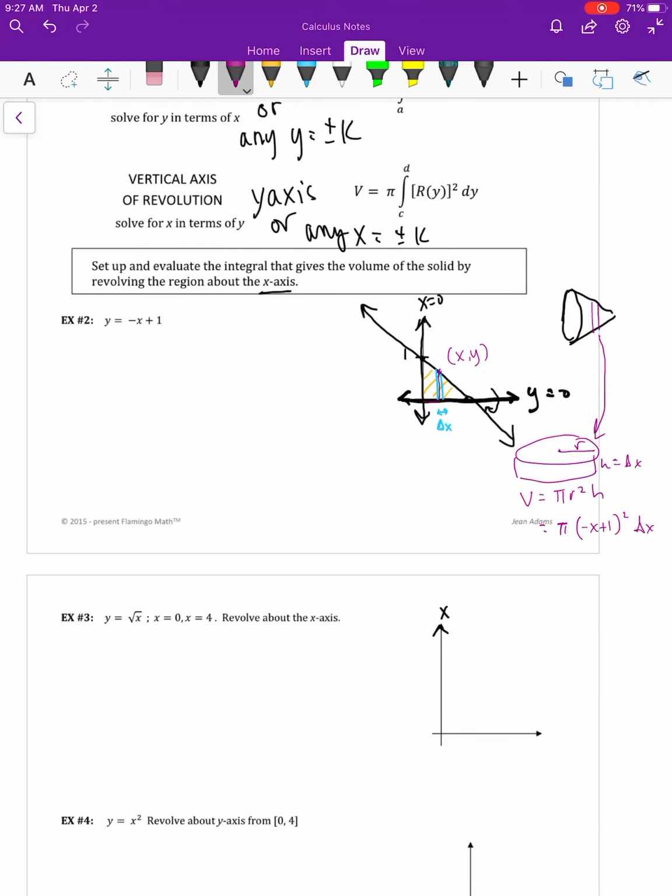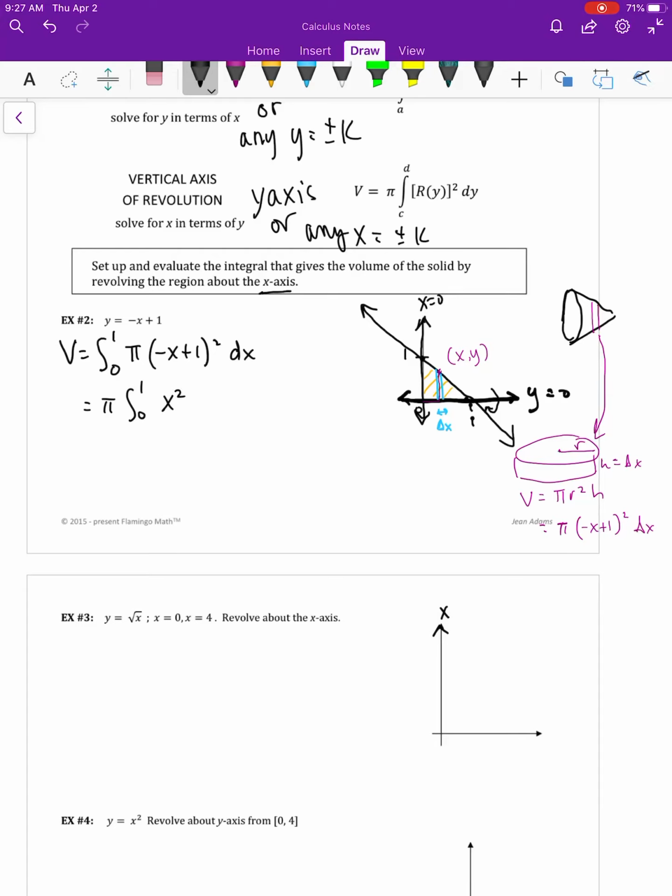So to find our volume, the integral, and we're going along the x-axis from 0 to 1, of pi r squared times the height. Our delta x turned into dx.